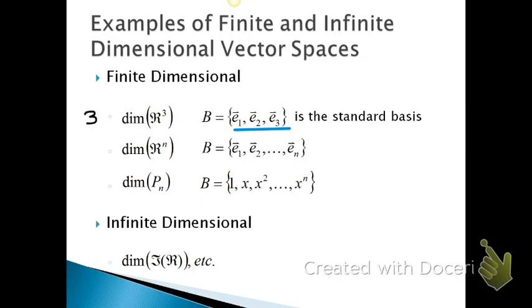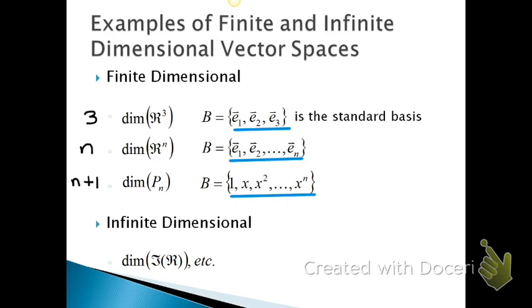If you look at Rn, notice that the standard basis contains n vectors, so its dimension is n. And if we look at Pn, if you remember, Pn is isomorphic to Rn plus 1. For example, P2 is isomorphic to R3. So this has n plus 1 vectors in the basis, so its dimension is n plus 1.